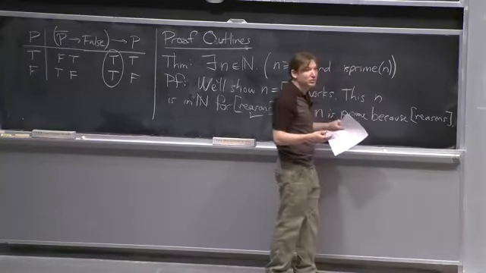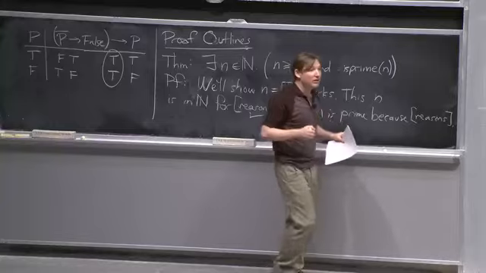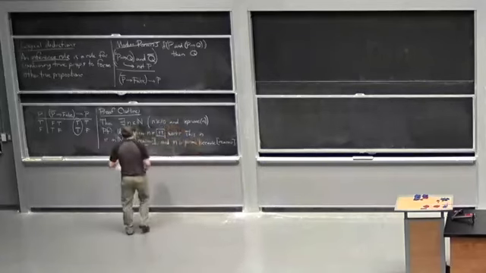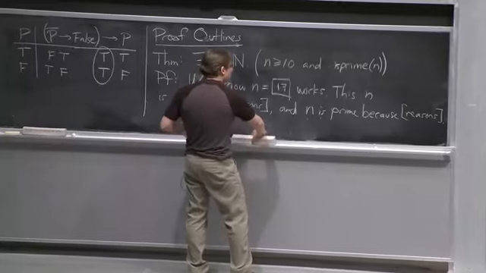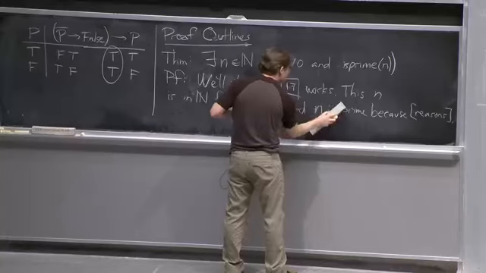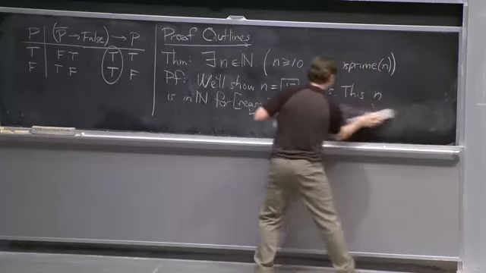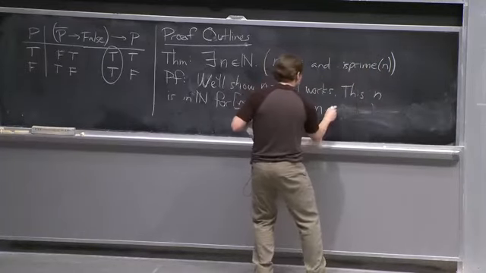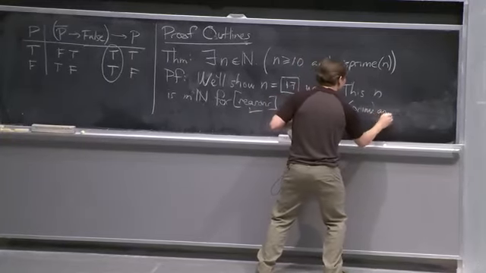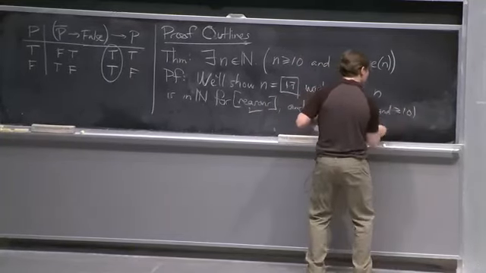It's not divisible by 2, by 3, by 4, etc. Eric? I am missing n greater or equal to 10. Yeah, we need to show that n satisfies this whole property. And n is prime and greater or equal to 10 because reasons.